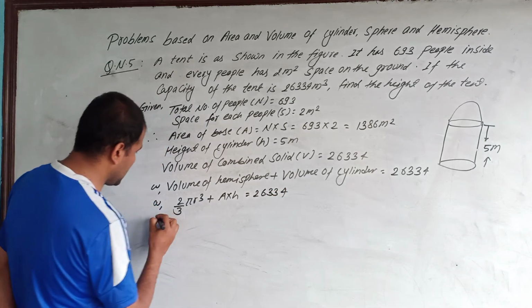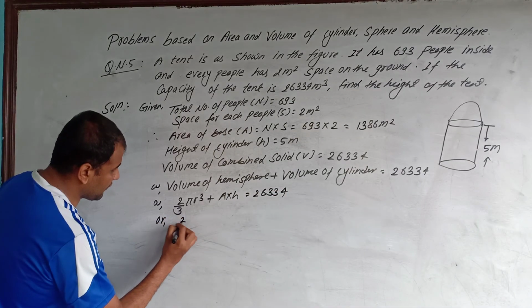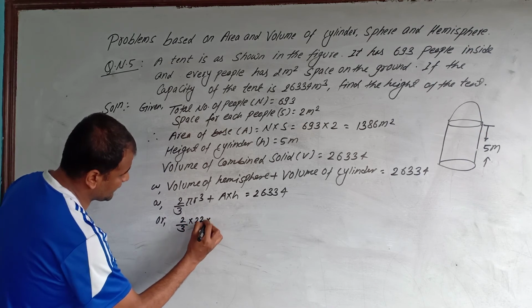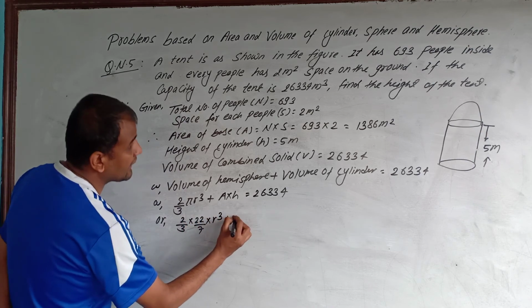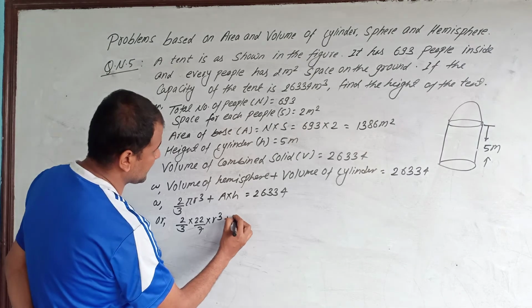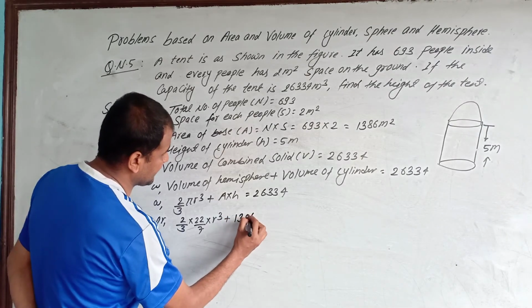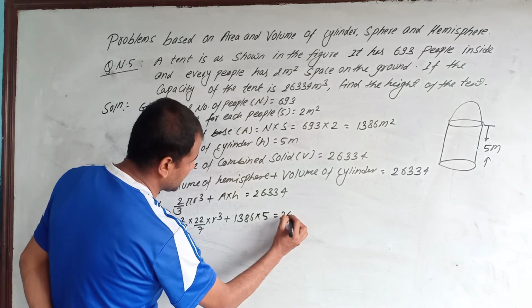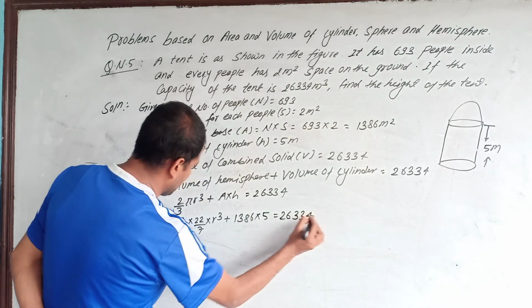So 2 by 3 into 22 by 7 into r cube, plus A means area of the base, that is 1386, into S means height of the cylinder 5, is equal to 26334.